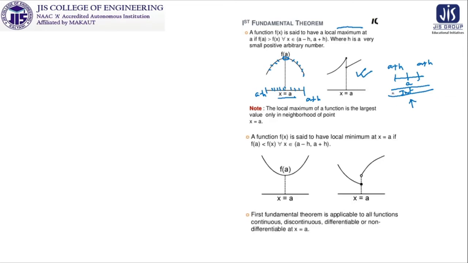Next, if we follow just the reverse idea, if the value at a is always less than all functional values of this function, where x between a minus h and a plus h is considered, then it is a local minimum. This first fundamental theorem is applicable to all functions: continuous, discontinuous, differentiable, non-differentiable, because these are the examples.